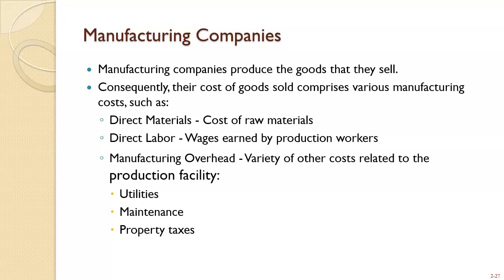And so this slide is telling you what typically makes up cost of goods sold for a manufacturing company. Manufacturing cost is what this is called. Direct materials, direct labor, manufacturing overhead. Those are the main components.